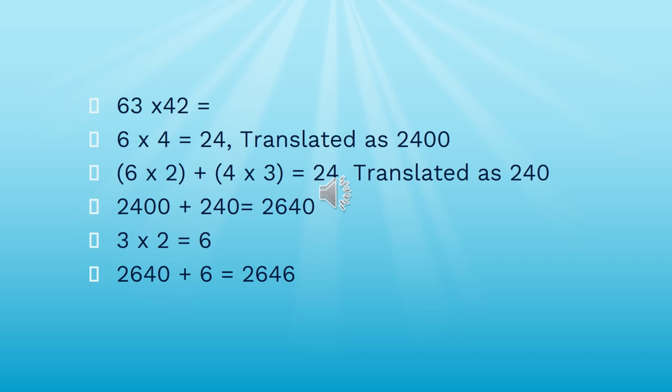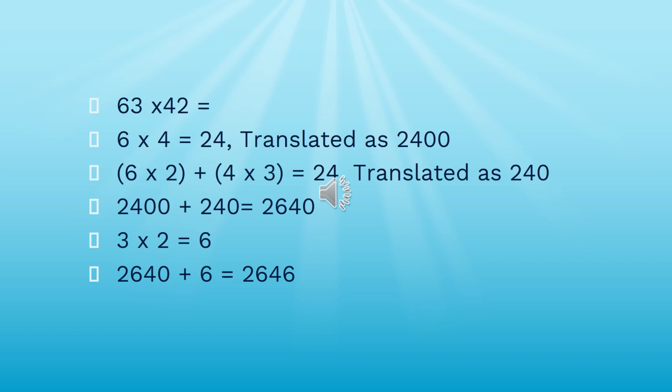So at this point we have 2,640, and now we go to the last step, which is to do the vertical again, but this time multiplying the last digits. 3 times 2 gives us 6.